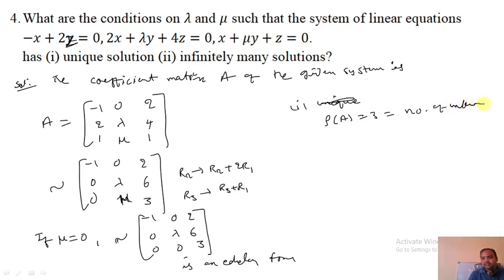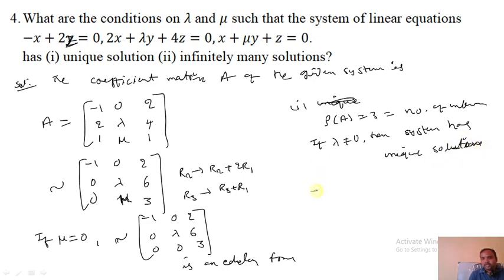So if lambda is not equal to 0, then the system has a unique solution.